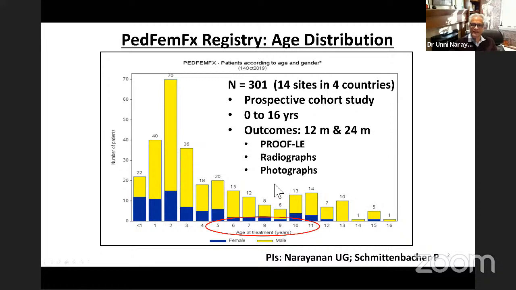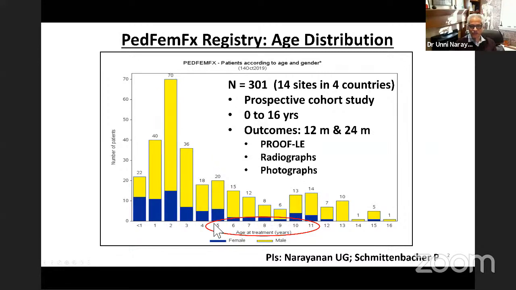Just to give you a sense, it looks like most of the action is really in the preschool age group. This is not population-based, so it's not accurate, but most kids were in the 1 to 3 year age group.